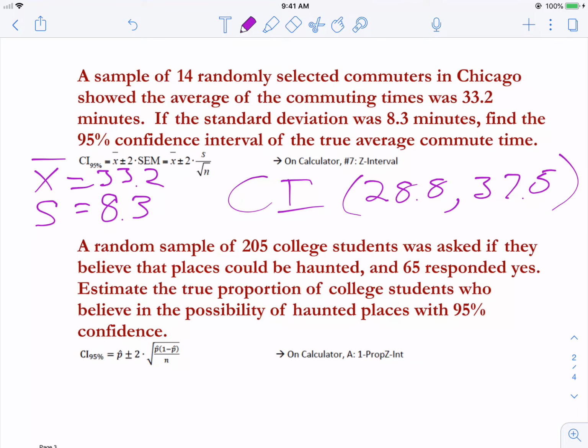This is a single proportion confidence interval that we want to calculate. So again, we have our X value of 65 people saying yes, they believed this, and we have a sample size of 205, and together those are going to make our p-hat, which we don't really need to do by hand because the calculator will do that for us.